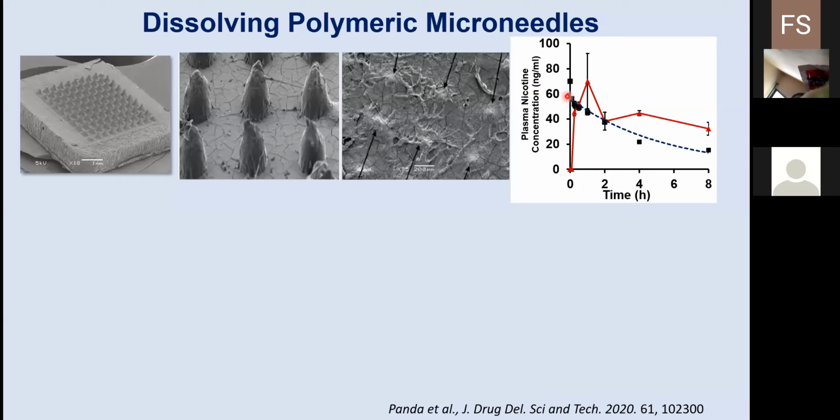So what you see, the black line is the IV plasma pharmacokinetics of nicotine, and the red or brown line is the plasma concentration time profile of nicotine administered by microneedles. So it looks like the microneedle is an excellent technology for making nicotine patches for smoking cessation.